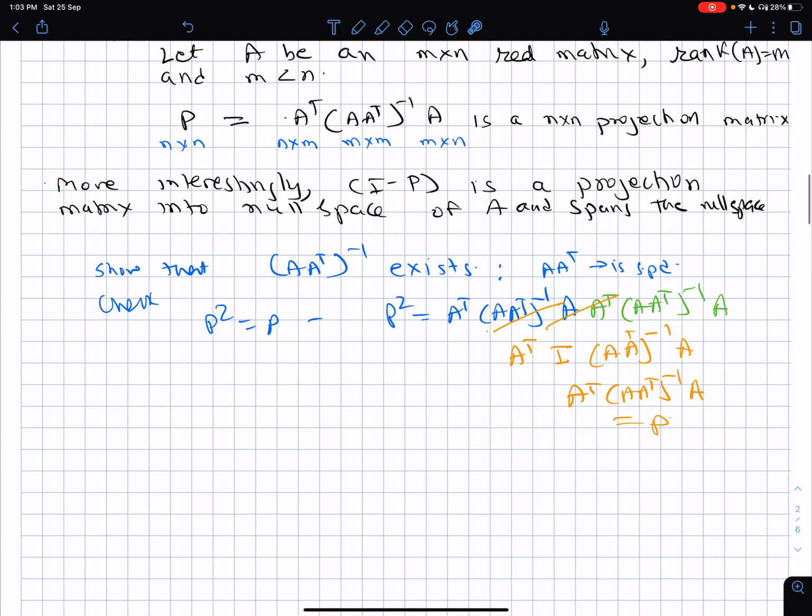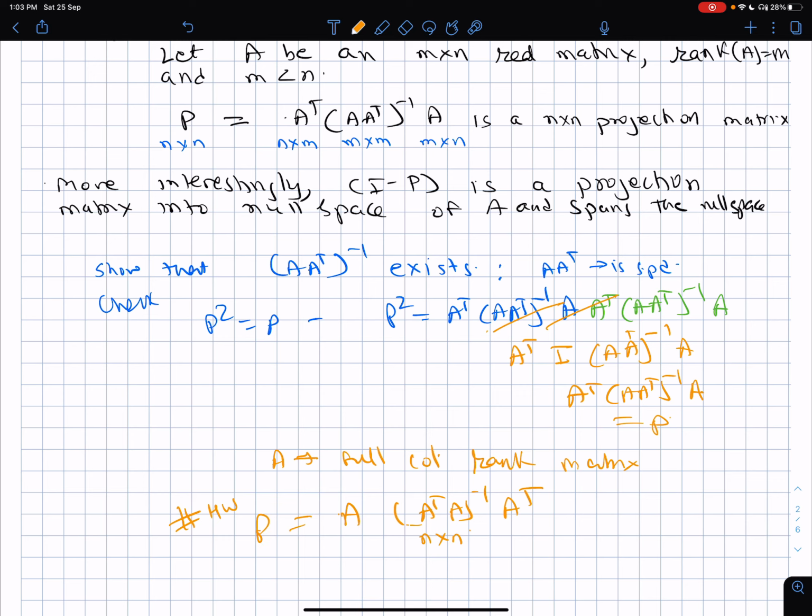Okay, if A is full column rank, incidentally, let's say A is a full column rank matrix, then you can check that A times A transpose A inverse, which is an n cross n matrix, times A transpose is a projection matrix.